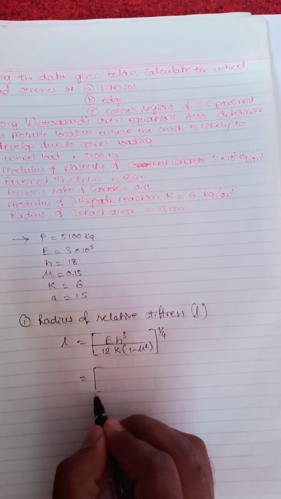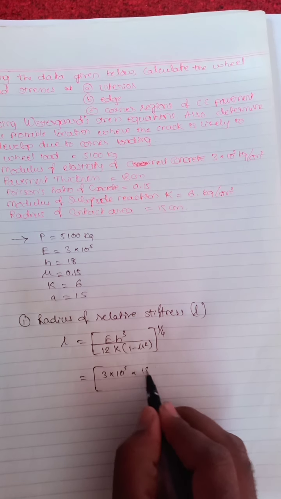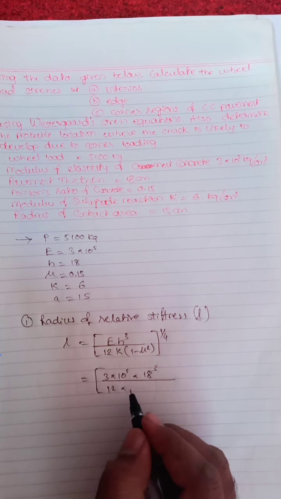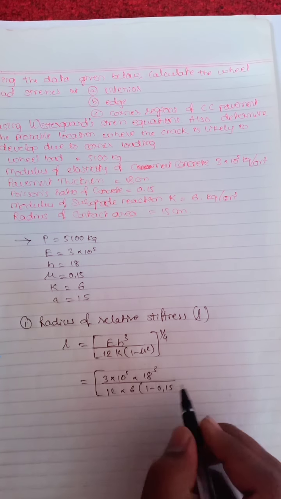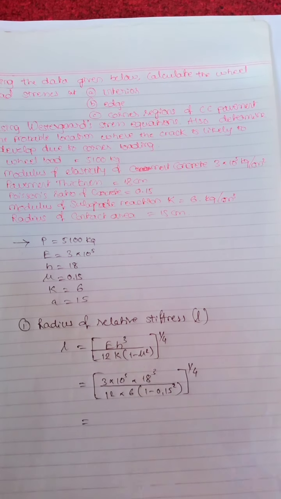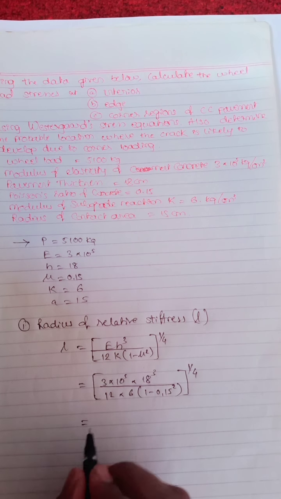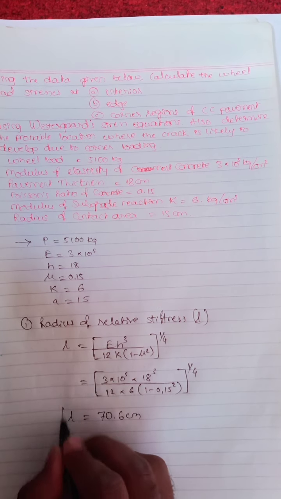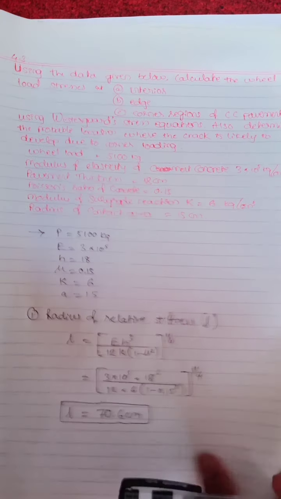E is 3 into 10 raised to 5. h is 18 centimeters, divided by 12. K is 6. 1 minus mu square is 1 minus 0.15 square, raised to 1 by 4. So use the calculator and check the values. We are getting 70.6 centimeters, the radius of relative stiffness.